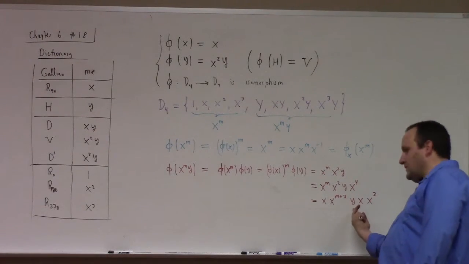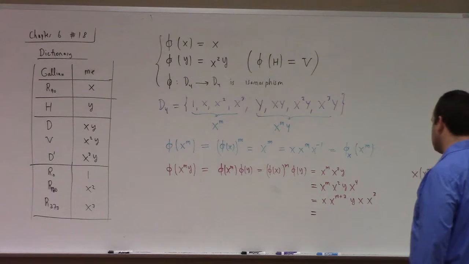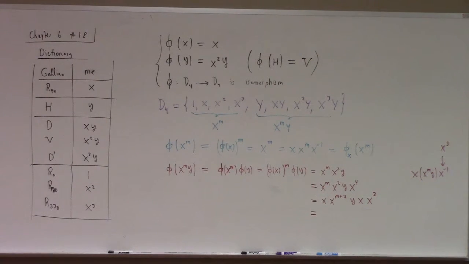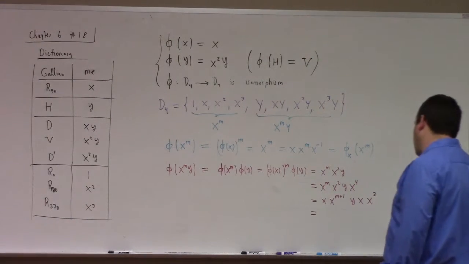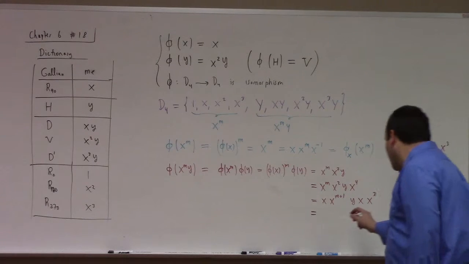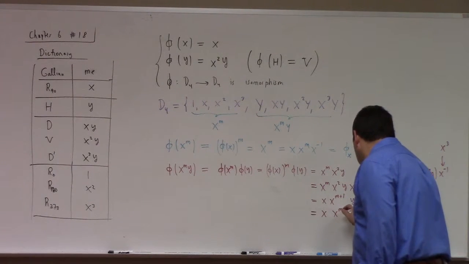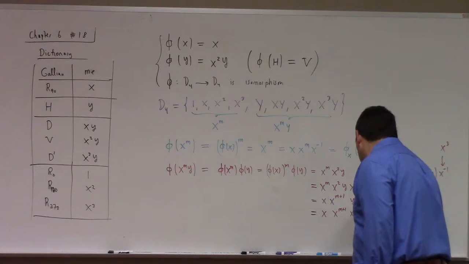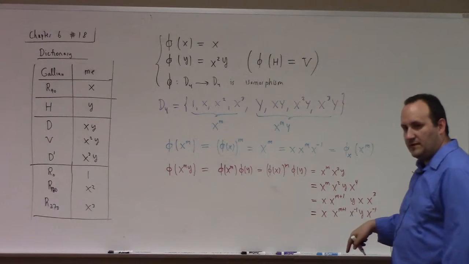If I commute these, I get an x inverse. Shouldn't that be x to the n plus 1? Yes, I think yeah. Very good. It would have been painfully obvious very soon. So that's x to the m plus 1, x inverse y, x inverse, because x cubed is x inverse, right?